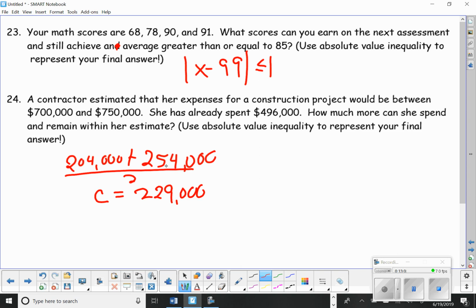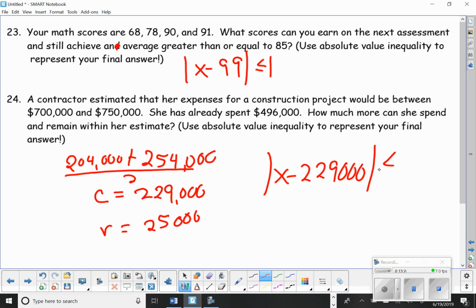Then we can do 254 minus the 229,000, and you get 25,000 is the value of R. So she can spend the absolute value of the amount minus 229,000 less than or equal to 25,000. Getting the idea? Most absolute value inequalities in applications are going to be a tolerance. It's going to be between. Very rarely will it be beyond.